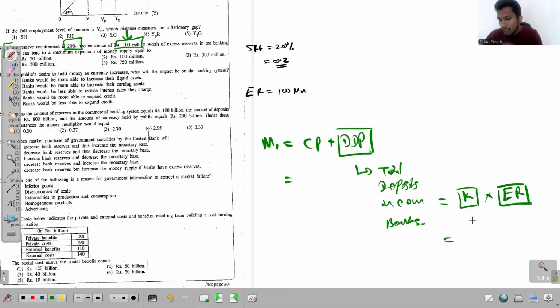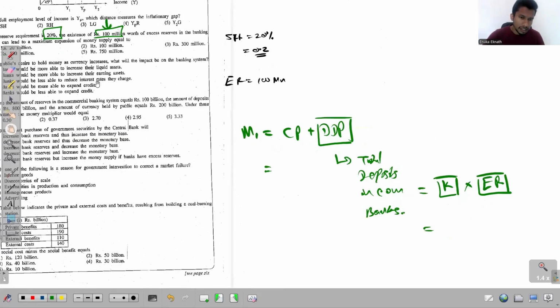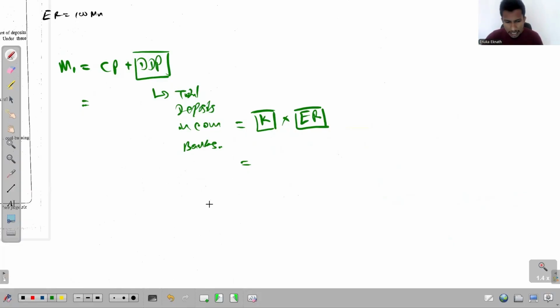So to calculate the deposit multiplier K, you use this equation. Let's say K equals 1 over SRR. So 1 over 0.2, and that will give us 5. So deposit multiplier is 5, and the excess reserve, the reserve that they can use to offer loans or create credit, is just 100.